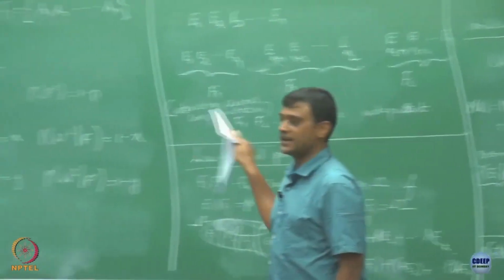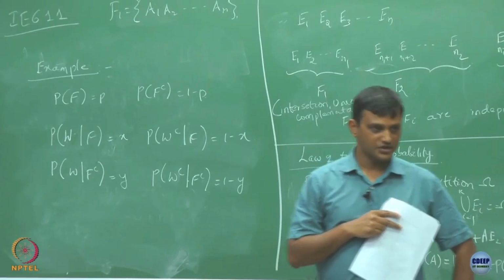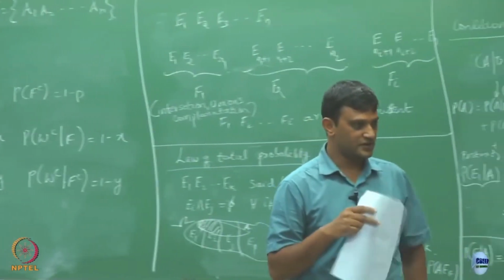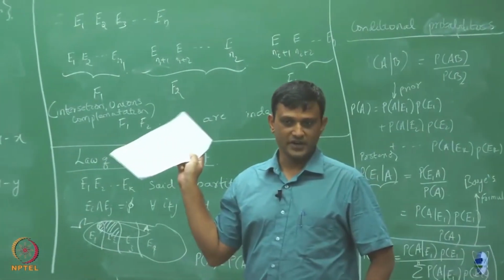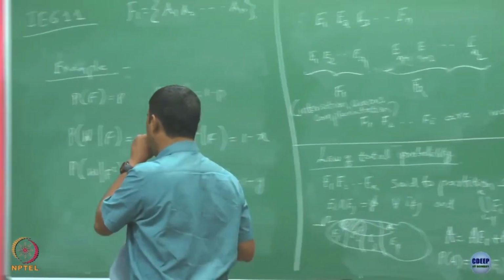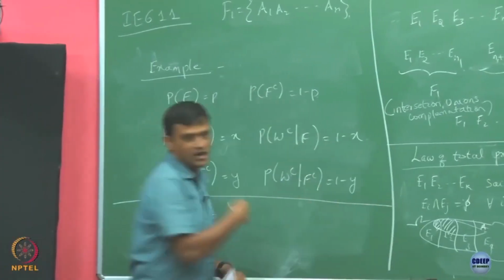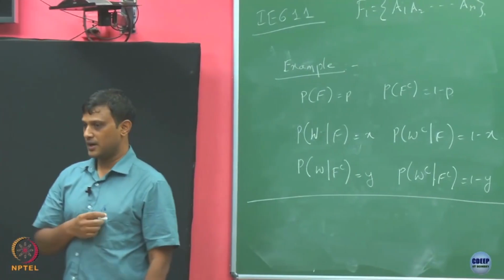So this is all you can compute before you actually launch your mission. You can do various experiments and try to compute and get these numbers. These are all your prior probabilities that you could compute.